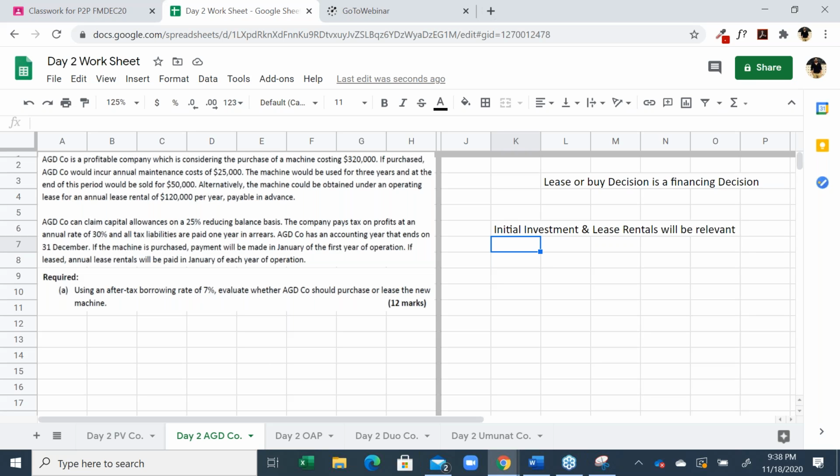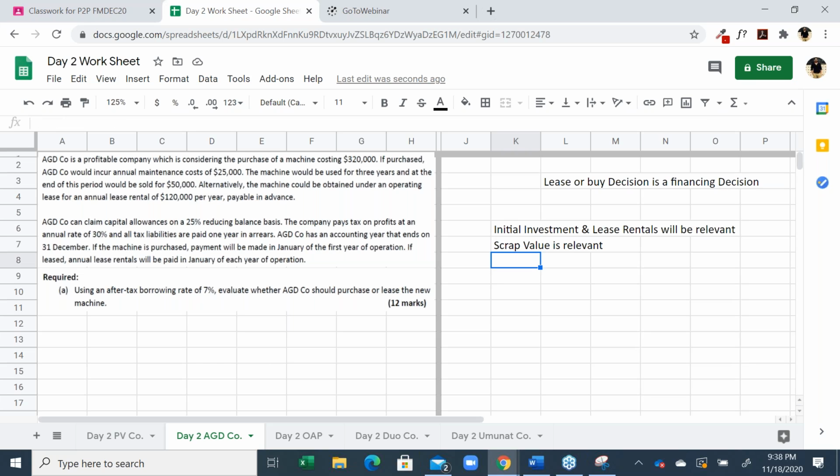But in case of buying the asset, since you will be owning the asset, therefore you'll be getting the scrap value as well. So in one of the options, you will have the scrap value, whereas in the other option, you will not have the scrap value. So it's a relevant cash flow. So scrap value is relevant. And remember, it should only be shown in the buying decision.